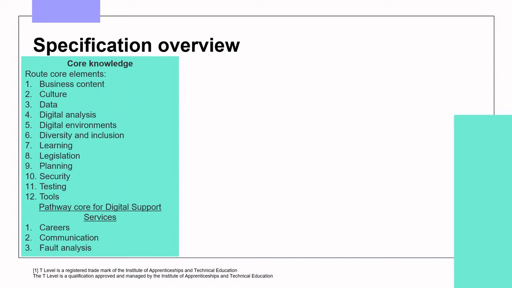And there are 12 core root knowledge elements, with an additional 3 elements for those doing the digital support services. So those first 12 are common to digital business services and digital support services, but digital support services also has 3 additional elements, namely careers within the digital support services sector, communication in digital support services, and fault analysis and problem resolution.